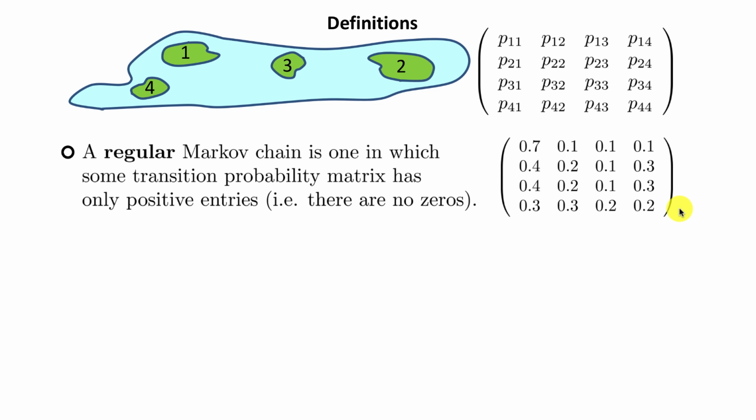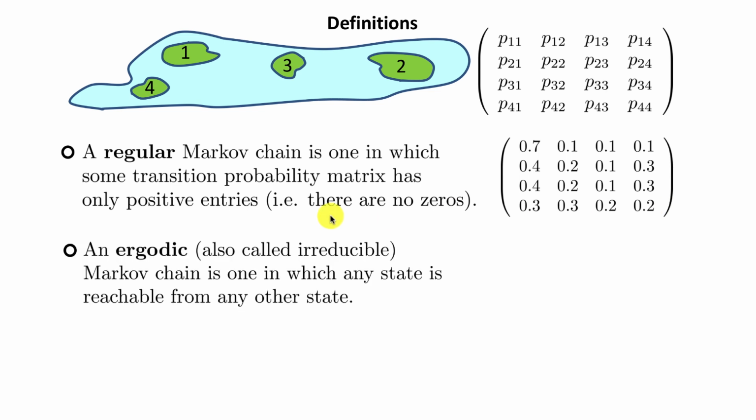A second important definition is that of what is called an ergodic Markov chain. It's also called an irreducible Markov chain. This is a Markov chain in which any state is reachable from any other state. So, for example, going directly from 1 to 2 may not be possible, but it may be possible to go from 1 to 3 and then to go from 3 to 2.